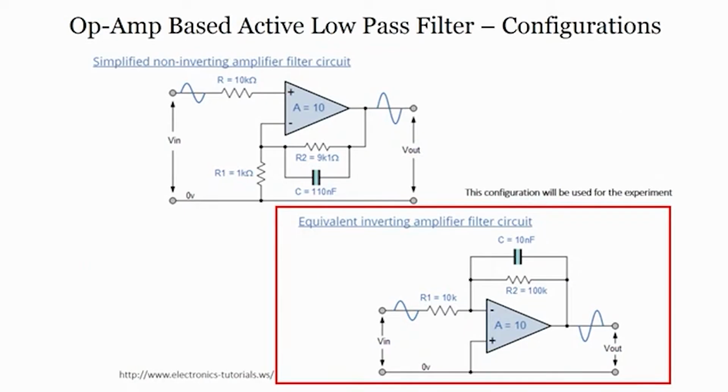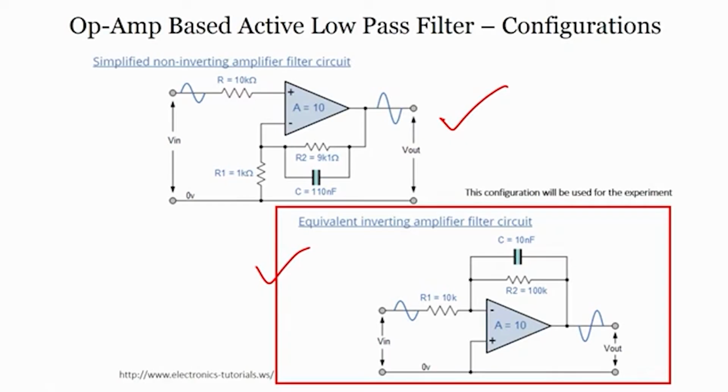some configuration. Now see, sometimes you will be able to see the circuit drawn in this particular fashion, sometimes you will see the circuit drawn in this particular fashion. So again, do not get confused, both are the same circuit: this is the simplified non-inverting amplifier circuit, this is the equivalent inverting amplifier circuit.